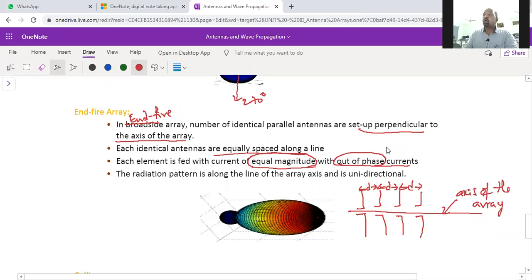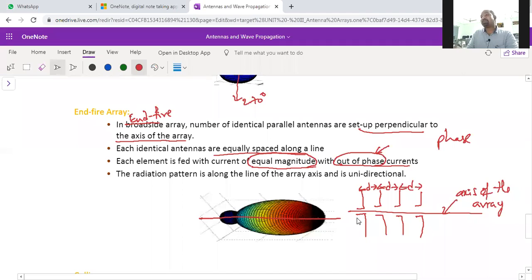So only one thing we have changed. What have we changed? We have changed the phase. Broadside array in phase and end-fire array out of phase. Just by changing the phase, the radiation pattern will become like this. So this type of radiation pattern you will get.